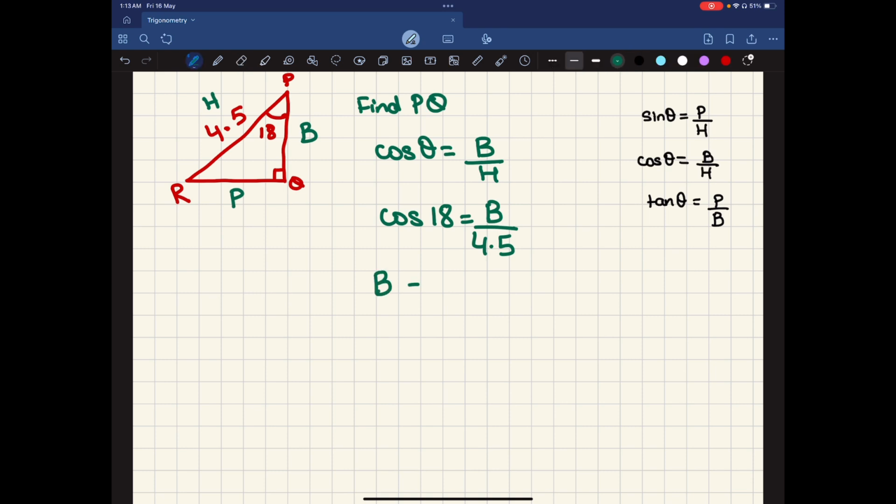So base is equal to 4.5 times cos of 18 degrees. If you use your calculator to find the value of this expression, you will get 4.279.